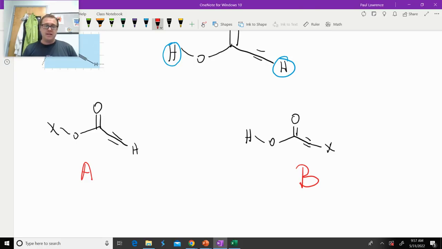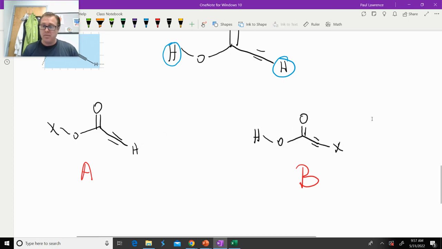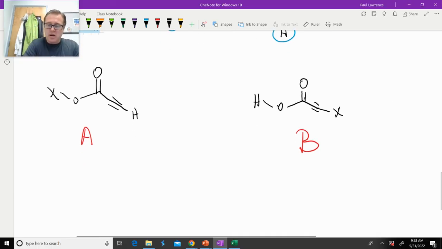And you can clearly see that if I took B right here and tried to superimpose it, it doesn't match up. Doesn't match up at all because where this hydrogen is, there's an X over there. So that is not superimposable. So what if I took this molecule and rotated it, right? And flipped it 180 degrees. Would that help? Well, we could redraw it.